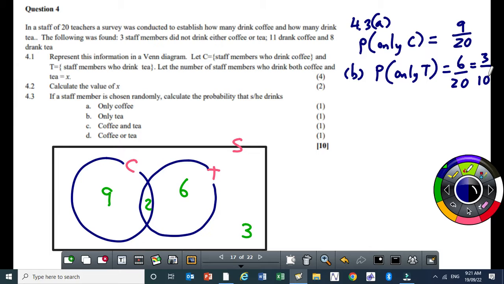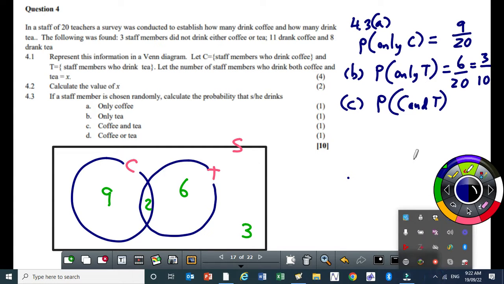Okay. And then C. Now C, it says coffee and tea. Okay? So this will be C and T. Now that's the intersection symbol, but it's not part of your curriculum. I'm not going to use that because I don't want to confuse anybody.